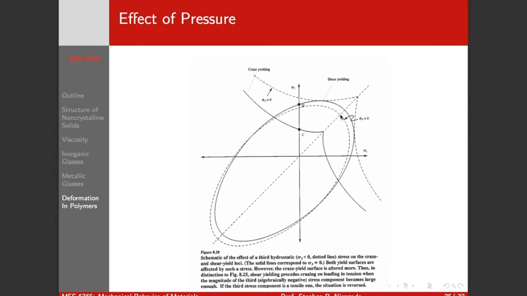So our yield surface is going to shift this way. Now, if we're compressive and sigma 1 and sigma 2 are negative, and we add a third negative component, it's going to decrease our free volume even more, right? So our surface is going to shift this way.